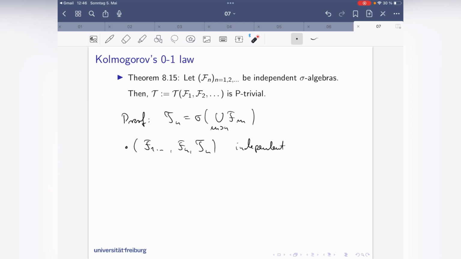We also have that F_1 to F_n and T are independent. Why is that? Because T is the intersection of all these T_n's. So T is smaller than T_n. So that must also be independent because this is just smaller than this here. That works for all n.